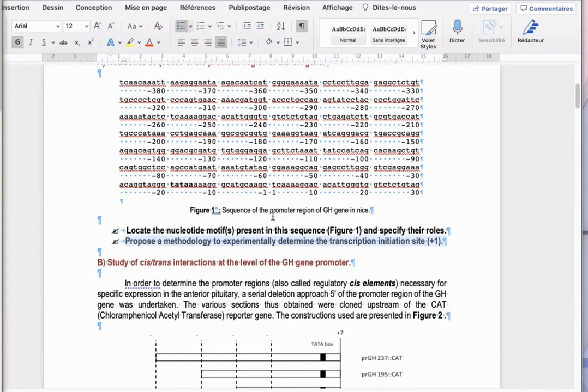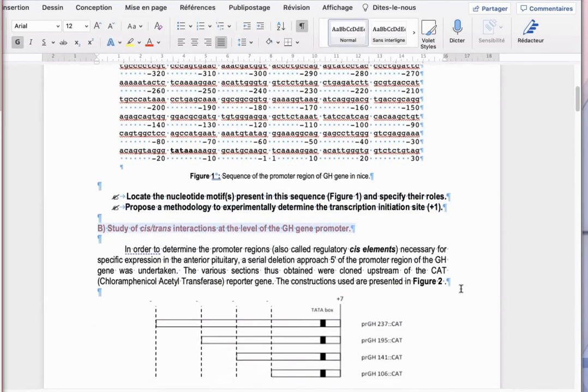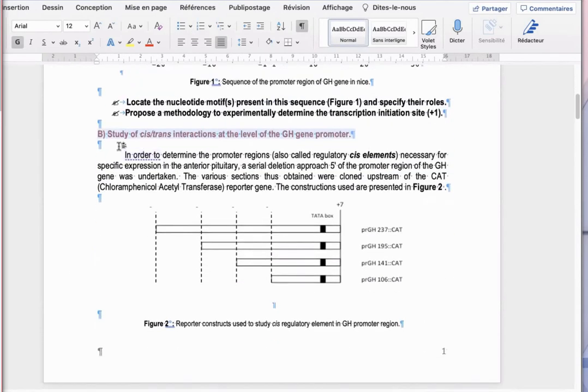Okay, anyway, I will show you this on Wednesday. In order to stay in the promoter study, we're going directly to part B, and we'll spend a lot of time in this part. So we'll see that on Wednesday.